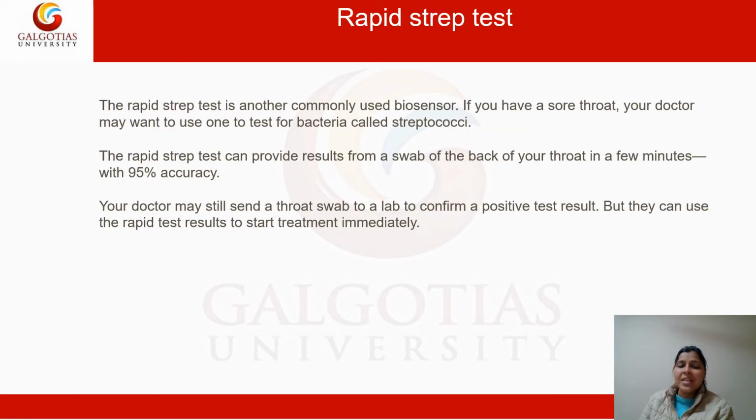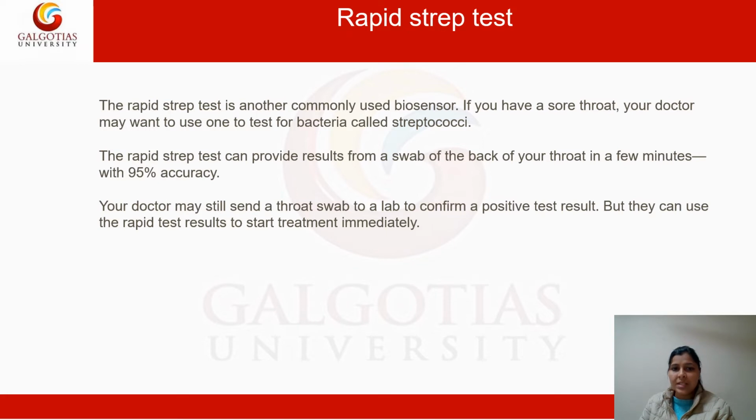Besides that, we have the rapid strep test. The rapid strep test is another commonly used biosensor. If we have a sore throat and visit the doctor, he takes a sample to test for the bacteria called streptococcus. The rapid test can provide the result from a swab of the back of the throat within a few minutes with almost 95% accuracy.